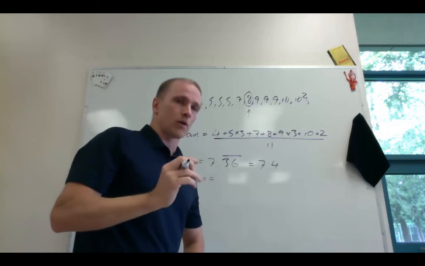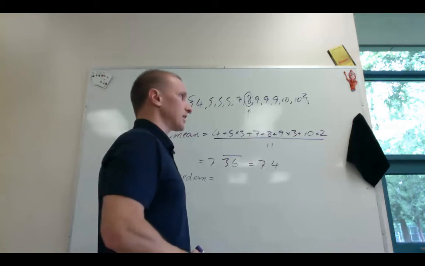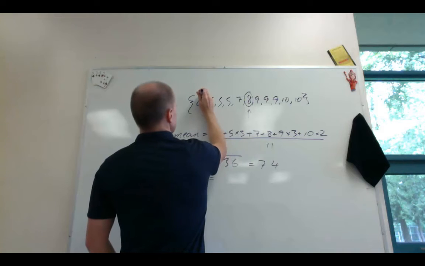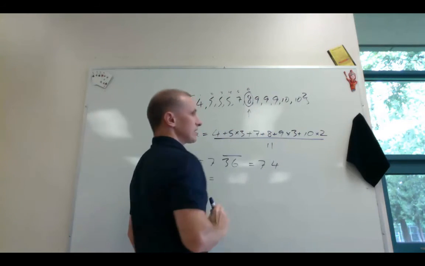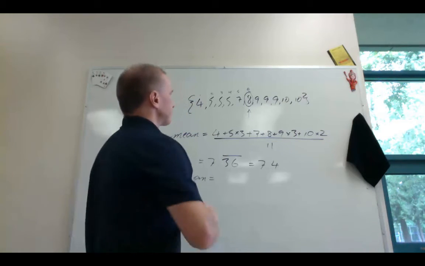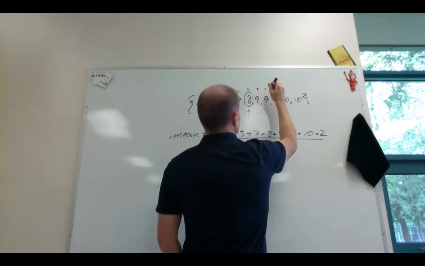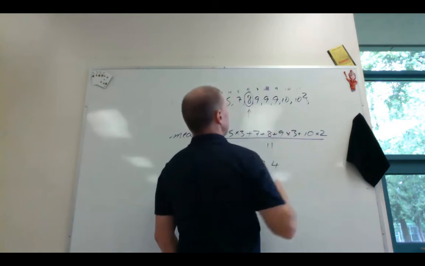So I'll give you a way that you can do that a little bit more quickly if there are a large set of data. What you'll notice is that this is the 1, 2, 3, 4, 5, 6th datum in a set of data that goes all the way up to 8, 9, 10, 11.